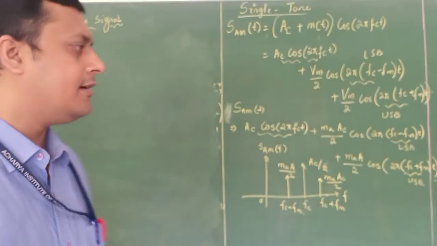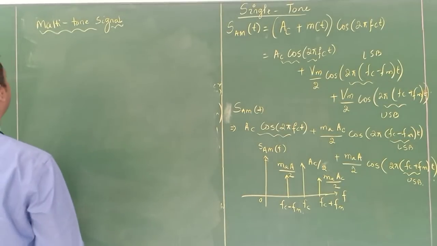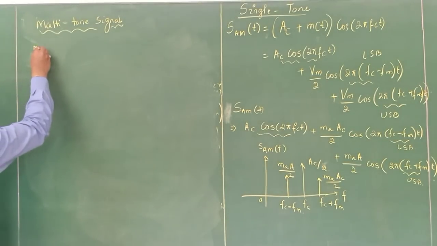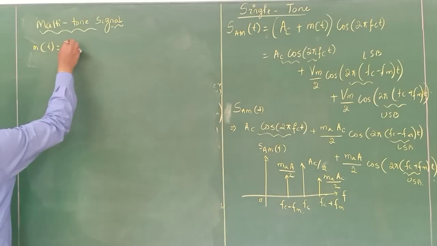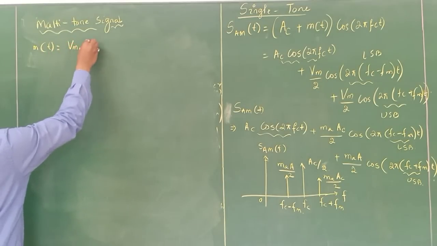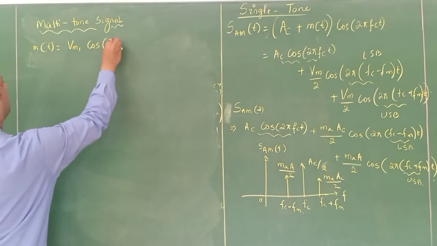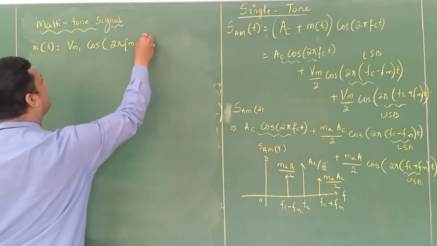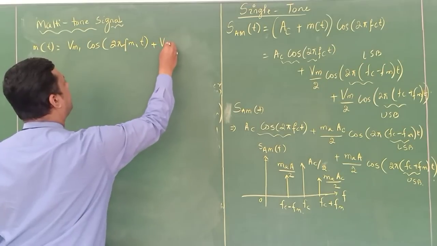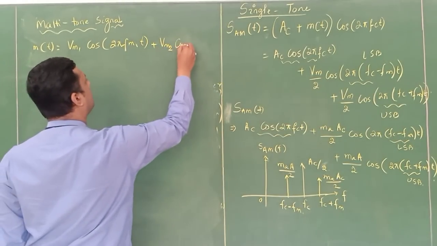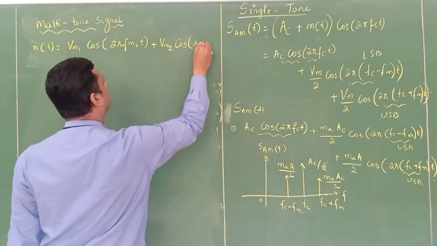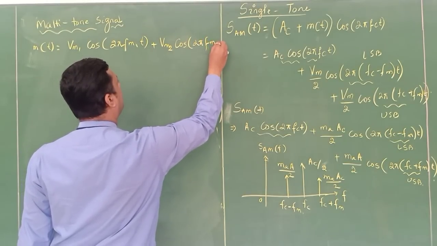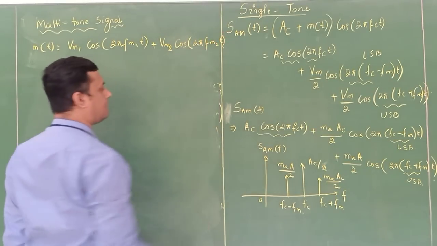Okay. So let us consider the message signal m of t equals Vm1 cos of 2 pi Fm1 t plus Vm2 cos of 2 pi Fm2 t. Okay.